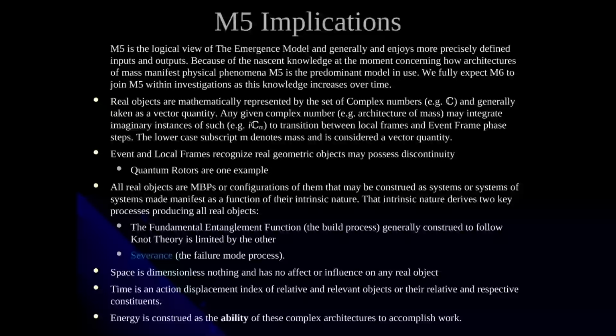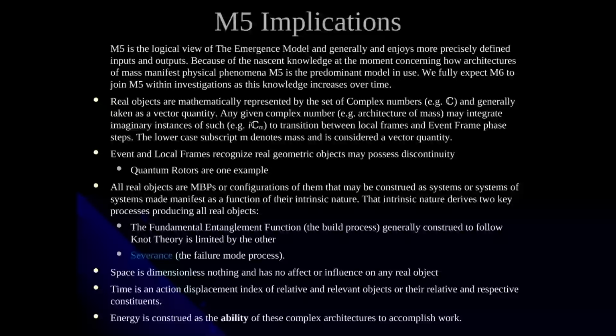All real objects are MBPs or configurations of them that may be construed as systems or systems of systems made manifest as a function of their intrinsic nature. That means that when we went through our original systems review, we came up with the notion of the most basic particle.